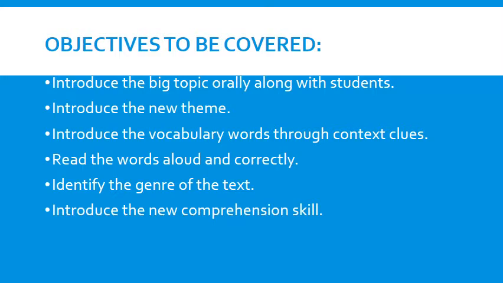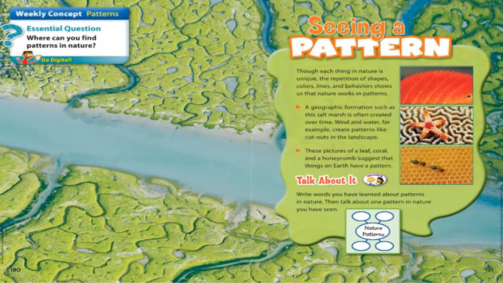First of all, let's start with the new theme. If you notice here, the word pattern, the new concept is patterns. What do I mean when I say patterns? Look at the picture here. What do you see? Let's read here: Though each thing in nature is unique, the repetition of shapes, colors, lines, and behaviors shows us that nature works in patterns.